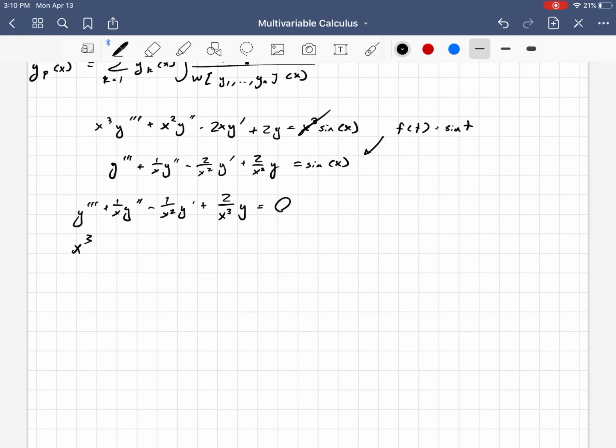In most differential equation books they would tell you what the fundamental set of solutions is, but this looks to me like a Cauchy-Euler equation of order 3, because if I multiply by x cubed, I get x cubed y triple prime plus x squared y double prime minus 2x y prime plus 2y. And that is a Cauchy-Euler equation of degree 3.